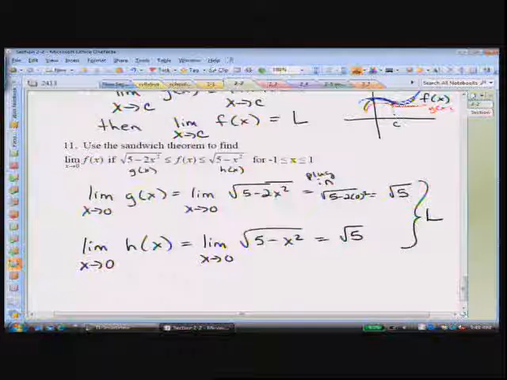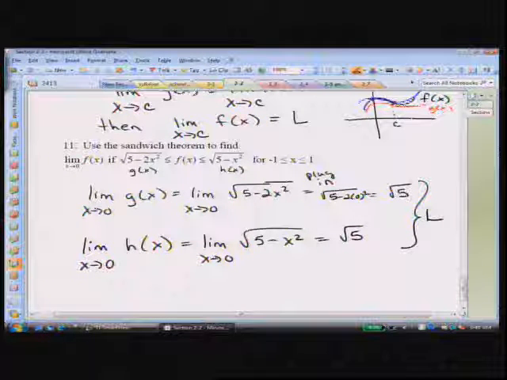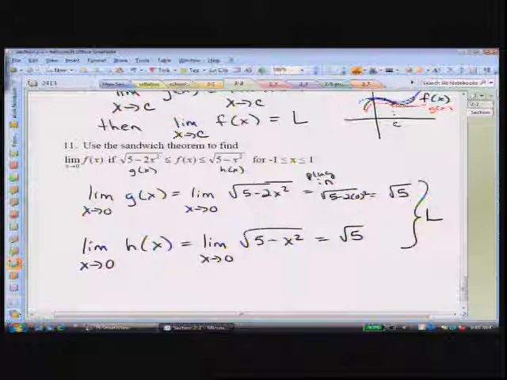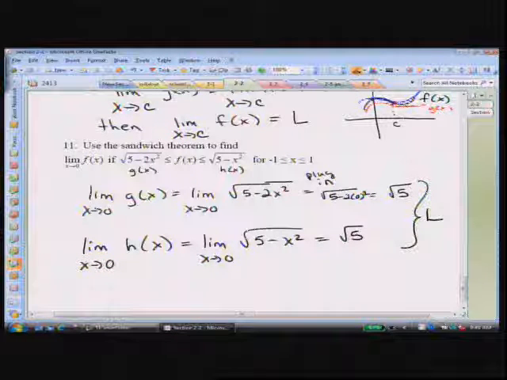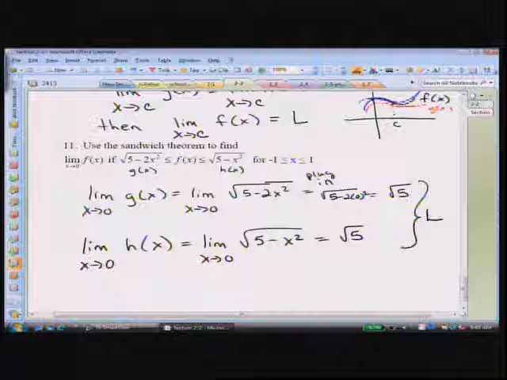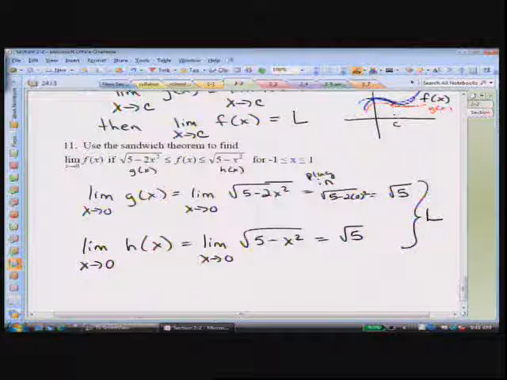Yeah, and with this example, I'm just sort of playing with the theorem, trying to get you to see it. But we will look at some limits that you can't show algebraically, that you have to use the sandwich theorem to prove. And you just try them.